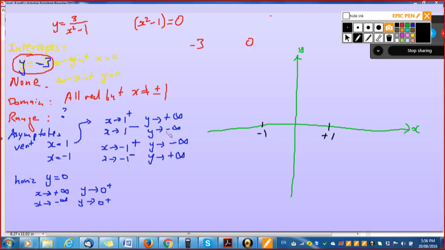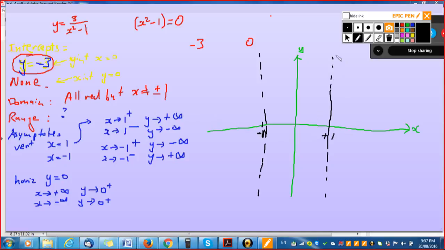Got it? Yeah. And it's going to approach x. As x approaches 1 from above, y is going to approach positive infinity. So in other words, let's do the asymptote.